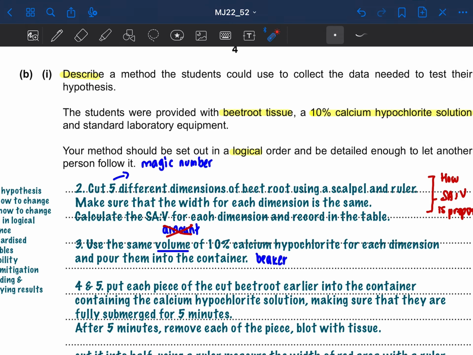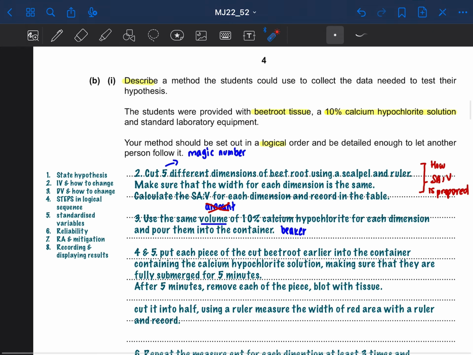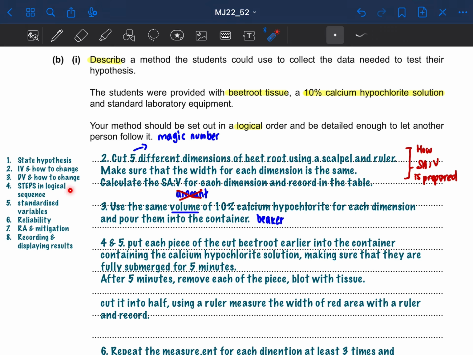Now the next thing is, we need to ensure that, look at number 4 and number 5 here. We're going to look at how the steps are going to be done in a logical sequence and what are the other standardized variables. So we've mentioned the first variable is the width. The next one is we standardize the volume of 10% hypochlorite solution we're going to be using.